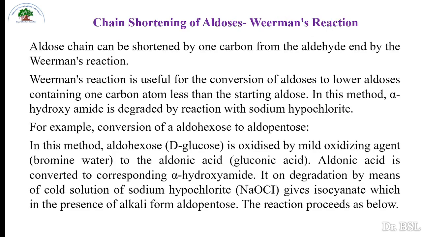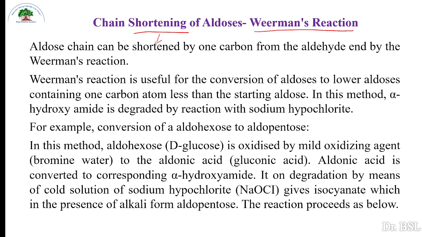Then the next reaction is chain shortening of aldoses, exactly the reverse of the Kiliani synthesis. In Kiliani synthesis, we increased the length by one carbon, but in chain shortening of aldoses, we decrease the length of the chain of aldoses by one carbon, and this reaction is known as Weerman reaction.